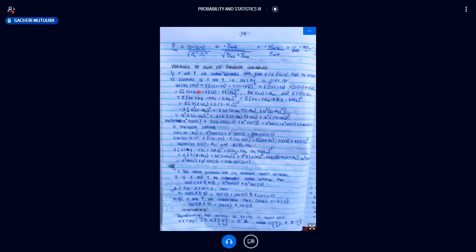So I end up with this function here. So I have the expected value of ax plus by minus a expected value of x minus b expected value of y squared. Hapo tu I've spread this negative that was outside the bracket here.